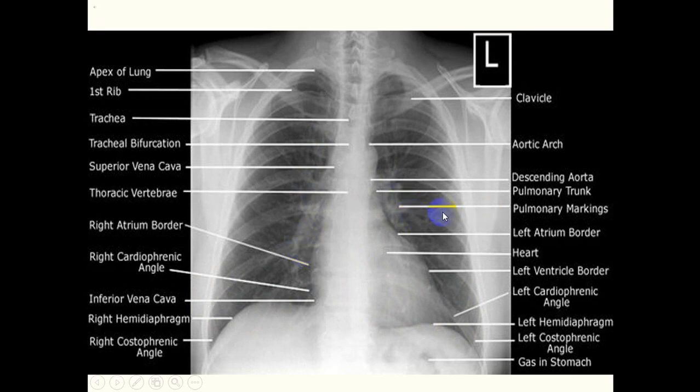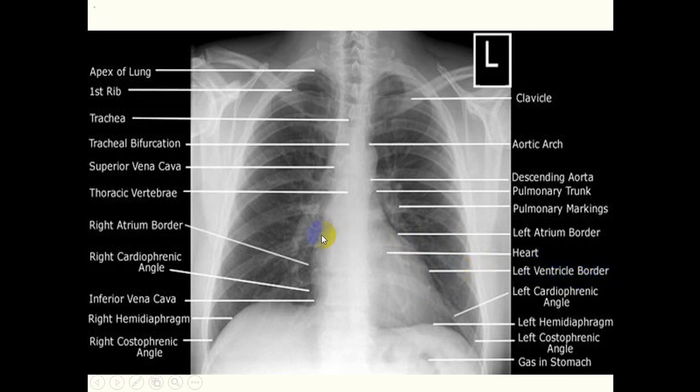On the radiograph, the arch of aorta, when it is turning towards the left side, here on the left margin, it forms aortic knuckle here, and then the heart shadow shows that the upper part of the left margin is formed by the left atrium, a small part, but most of the part of the heart shadow on the left margin is formed by the left ventricle.